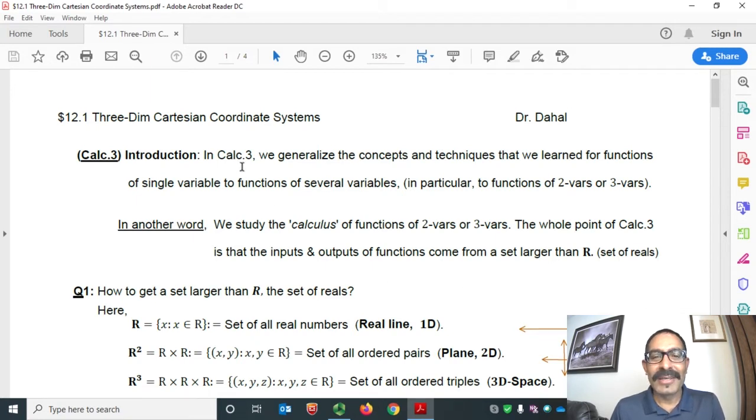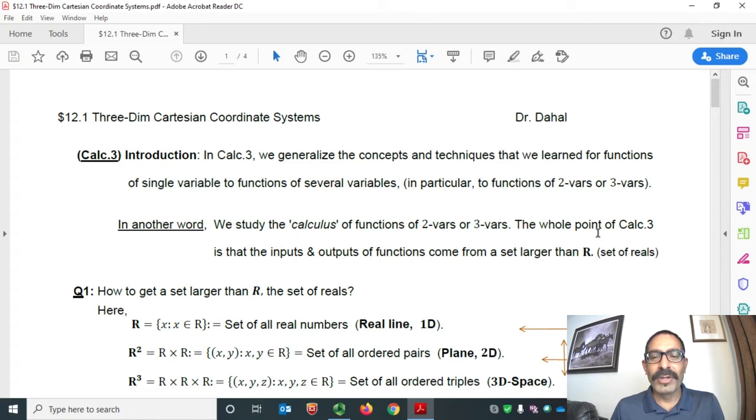In Calculus 3, we generalize the concepts and techniques that we learned for functions of a single variable to functions of several variables, in particular, functions of two variables and functions of three variables. In other words, we study the calculus of functions of two variables and three variables.